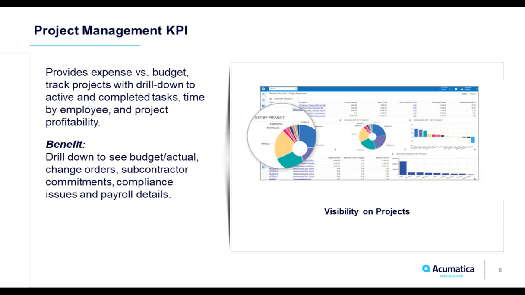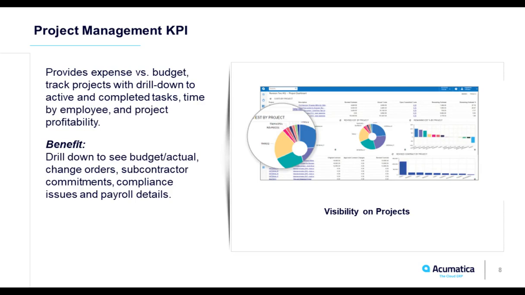And that's going to provide things like expense versus budget, tracking projects from a drill down perspective, drilling down to those active and completed tasks, drilling down to the committed costs associated with a particular task, activity, or phase, the ability to look at time that's captured against the project and job costed against the project, and of course, last but not least, there is project profitability.